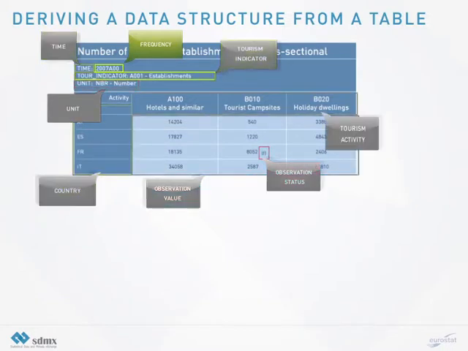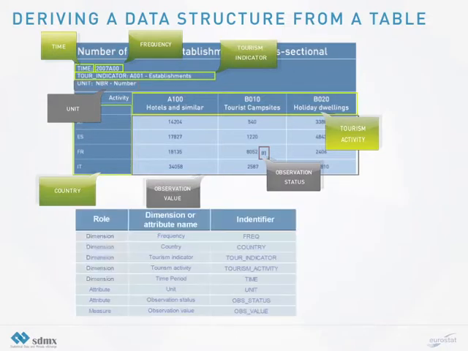To summarize, frequency, time period, country, tourism indicator, and tourism activity are required to identify the statistics. They act as dimensions. The observation value, the actual figure, is what we call measure.